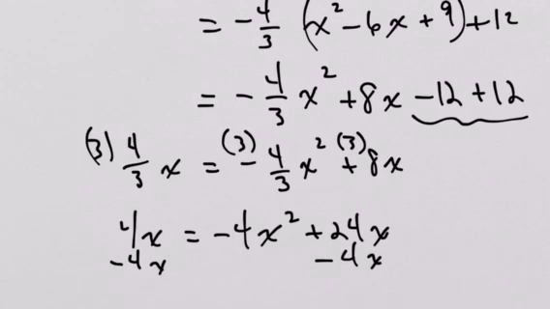And that will give us 0 equals negative 4x squared plus 20x. Hold it. That should say 20x.